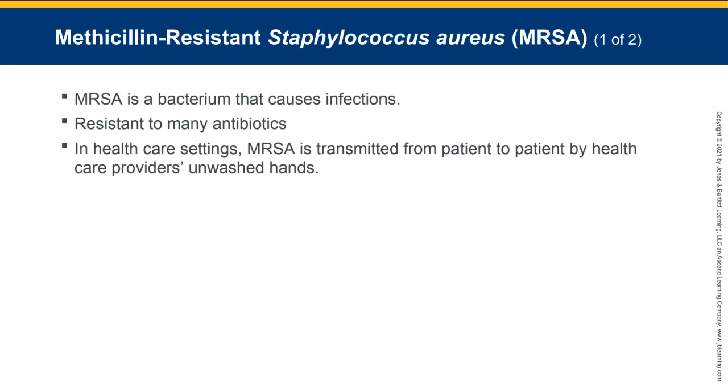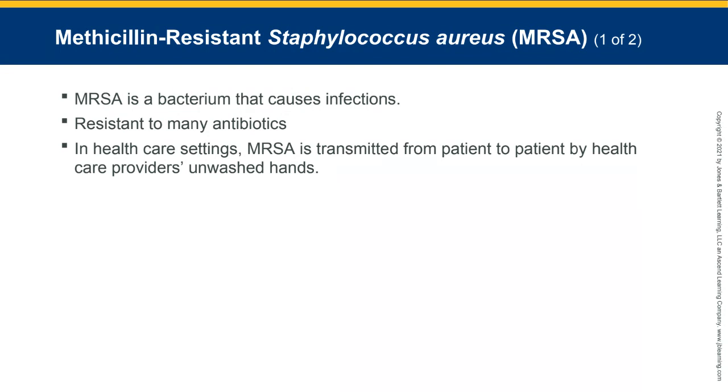Methicillin-resistant Staphylococcus aureus, or MRSA. MRSA is a bacterium that causes infection. However, this bacteria is resistant to many antibiotics. In the healthcare setting, MRSA is transmitted from patient to patient by healthcare providers and unwashed hands.